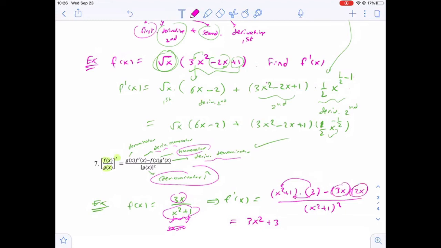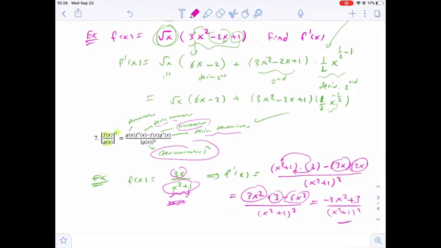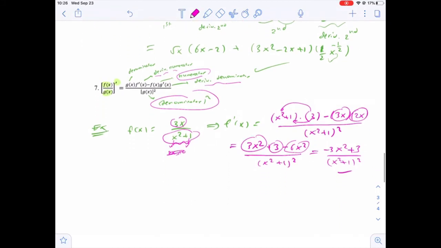Now minus 2x times 3x, minus 6x squared, all over x squared plus 1 all squared, and then 3x squared minus 6x squared is negative 3x squared, plus 3, all divided by x squared plus 1 all squared. And that's it. We can leave it in this form.